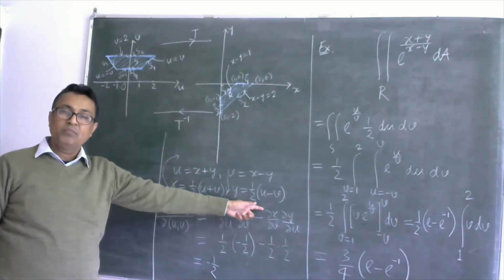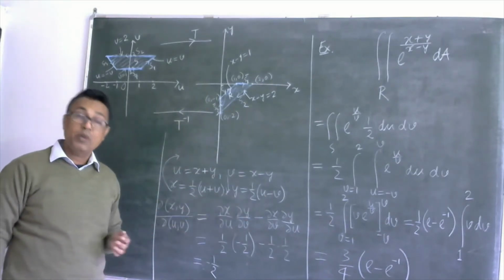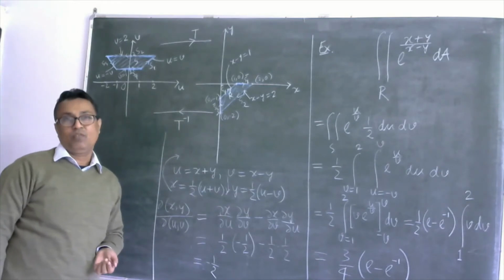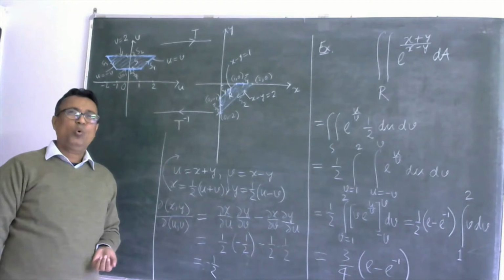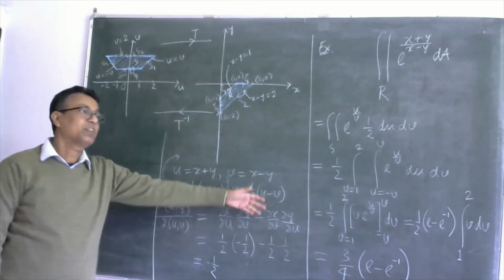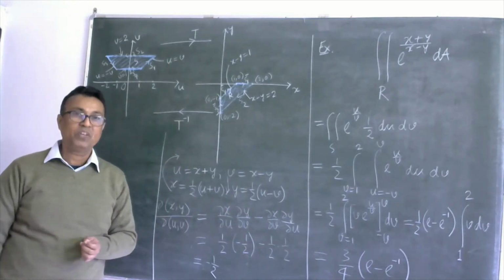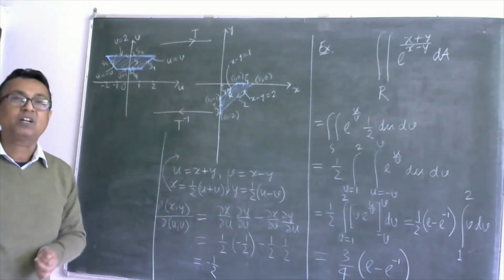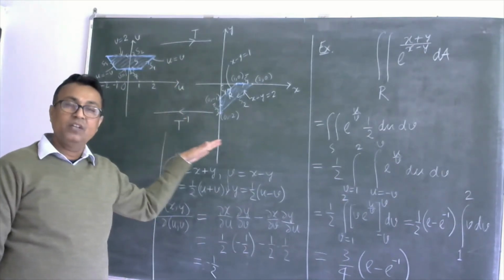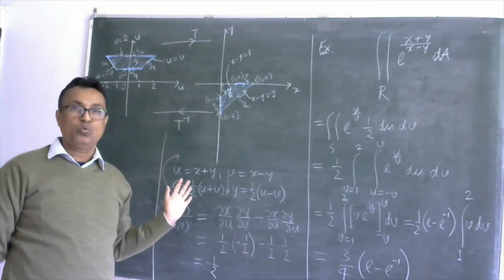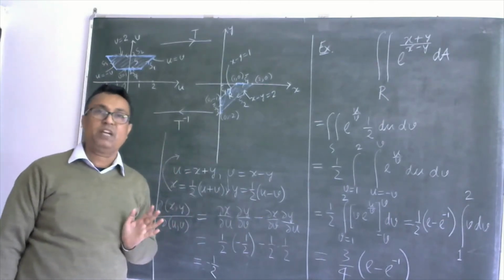But there may be some cases in which it is not that straightforward, and probably you won't like to do the reverse transformation again. In fact, there is a property of these transformations if they are one-one and onto, that means if the inverse transformation exists.